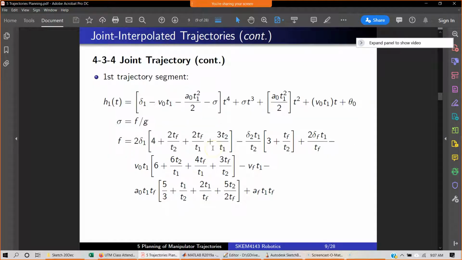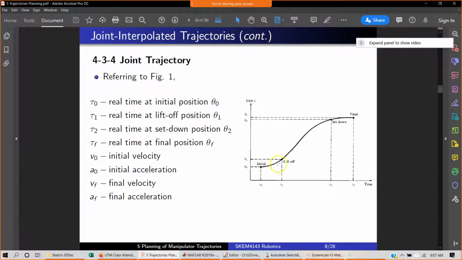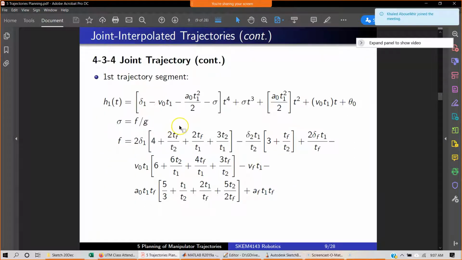All right, so this is what I meant when I said it's mathematical. You see, this is the equation for H1. This is the first trajectory segment, the equation for this segment right here. You don't have to memorize these equations. They will be given in your test and in your final exam.